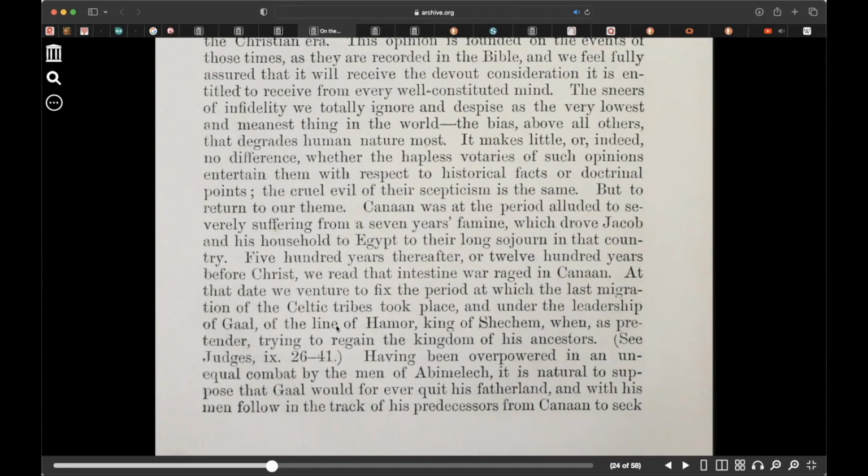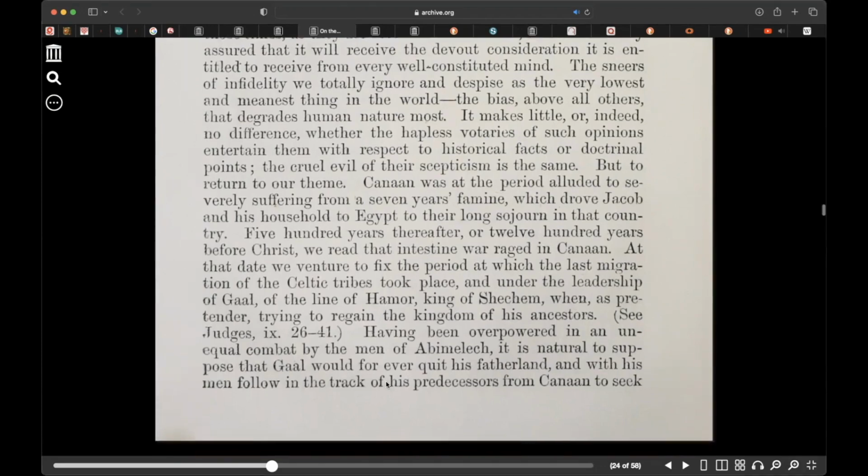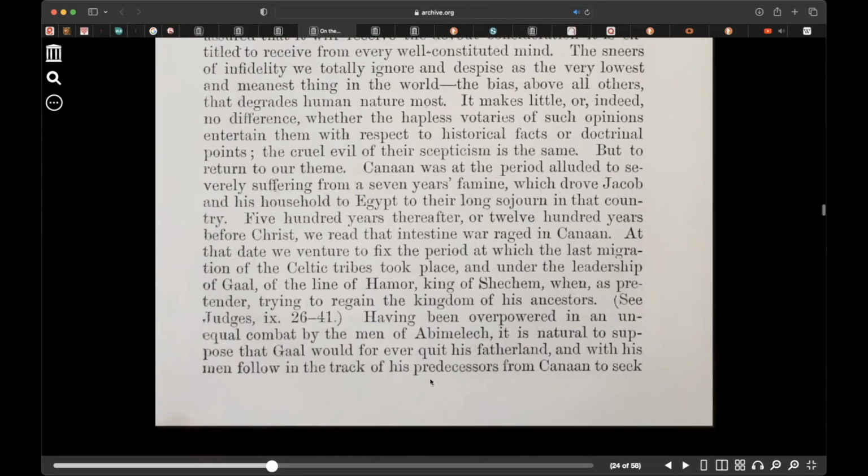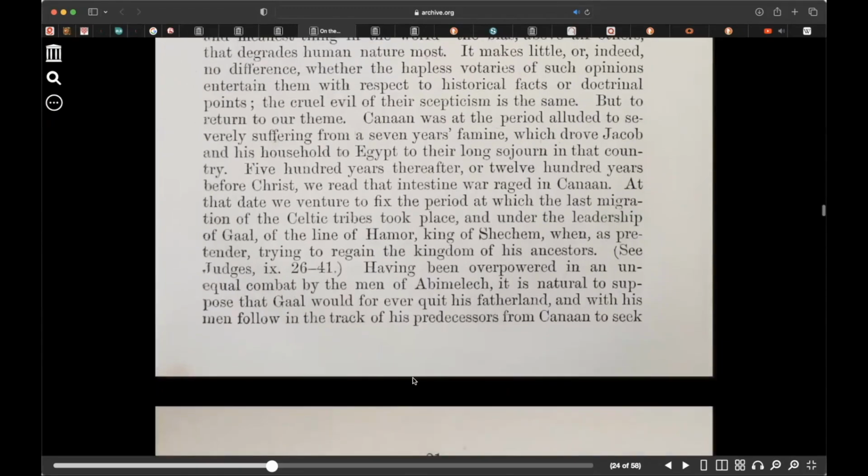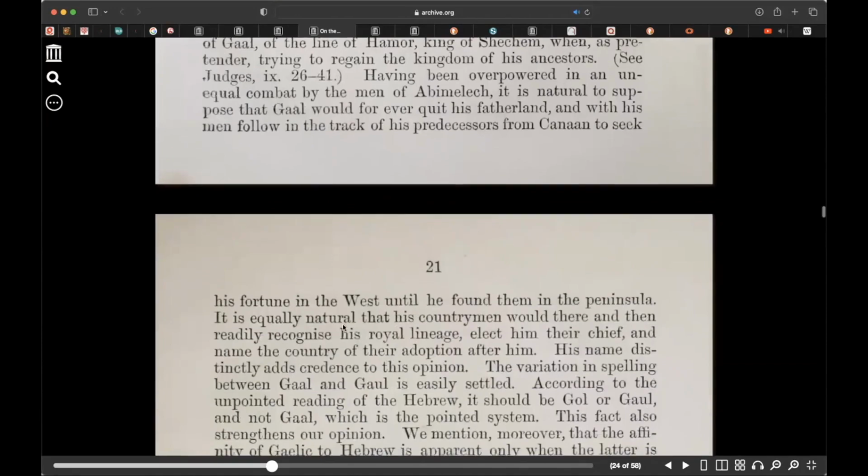All right, Gaal was the real person of the line of Hamor. That's where they get Gaal from, when as pretender trying to regain the kingdom of his ancestors. Having been overpowered in an unequal combat by the men of Abimelech, it is natural to suppose that Gaal would forever quit his fatherland, and with his men follow in the track of his predecessors from Canaan to seek his fortune in the west.